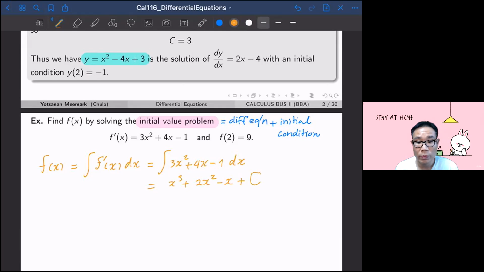Integrate 4x, you get 2x squared; integrate 1, you get x; and you plus c. And here you get what is called the general solution.